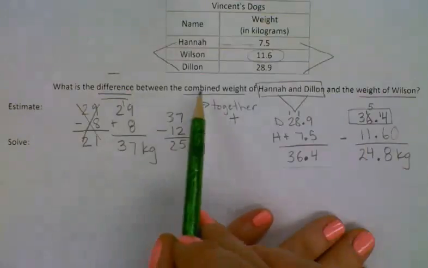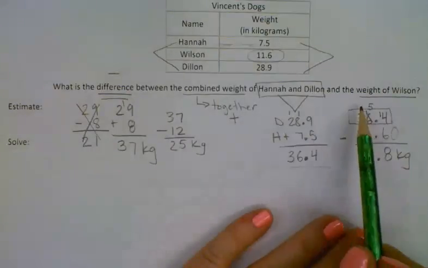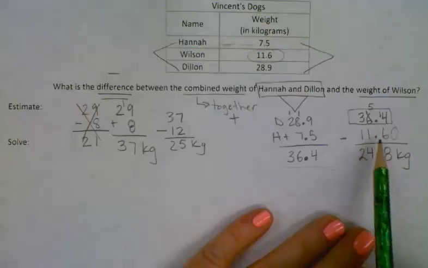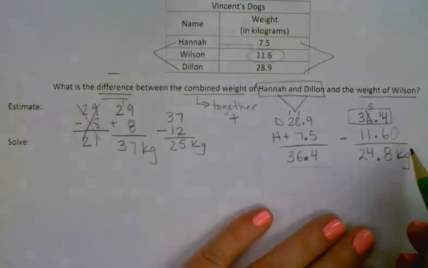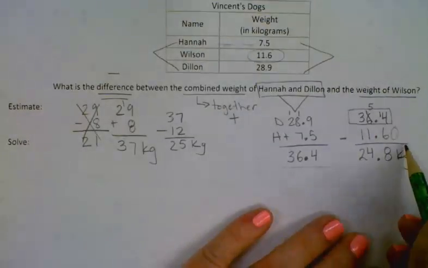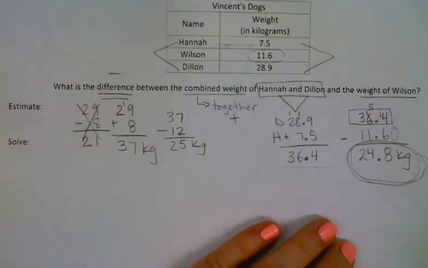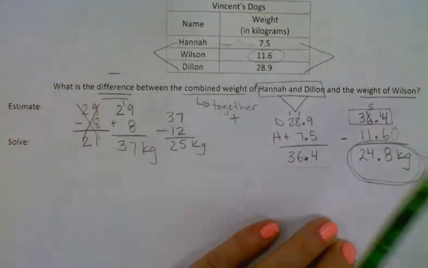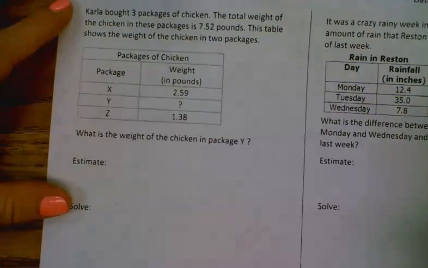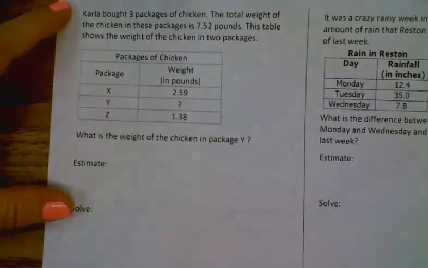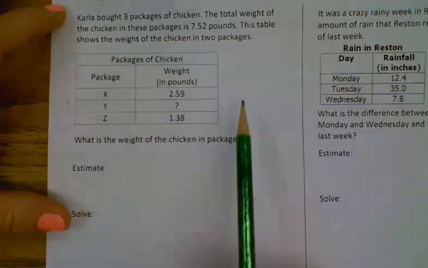So the difference between the combined weight of Hannah and Dylan and the weight of Wilson is 24.8 kilograms. Look for special keywords in your problems this week. And you might have many different strategies for solving some of these.